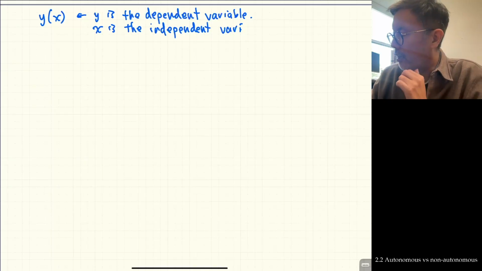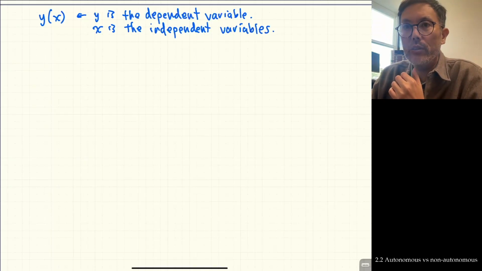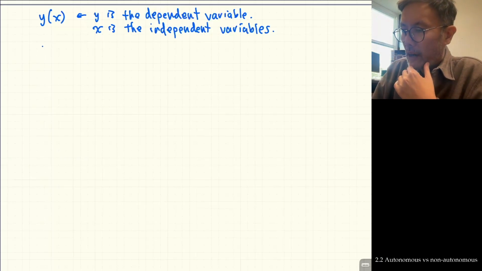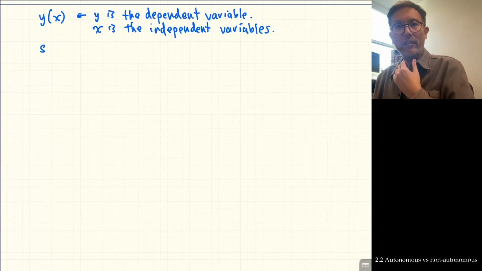Now, x and y are not always going to be the names or the letters that we use for our independent and dependent variables. You could also have something like displacement, s, which we've talked about in the past.